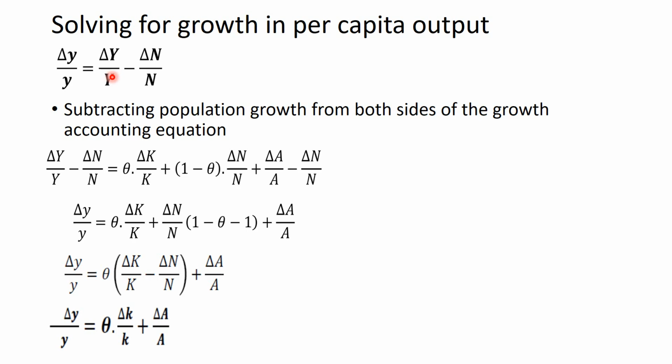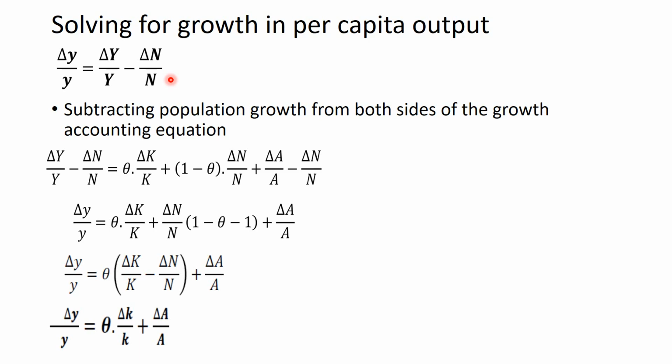So what we want to do is have an expression for the per capita output growth rate that gives us a little bit more detail than simply suggesting that you can take the output growth rate and from it subtract the population growth rate, because this equation as it stands doesn't tell us anything about how changes in capital stock per person, for example, will affect the growth rates in output per capita.